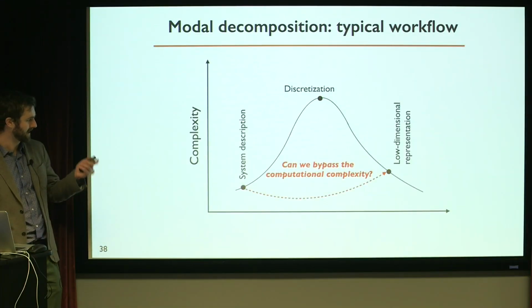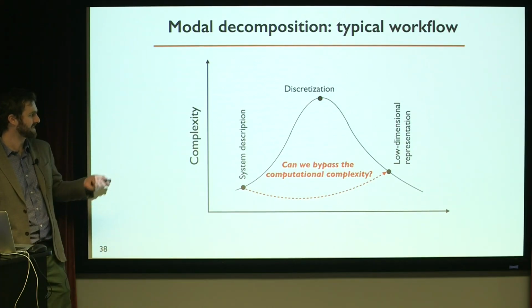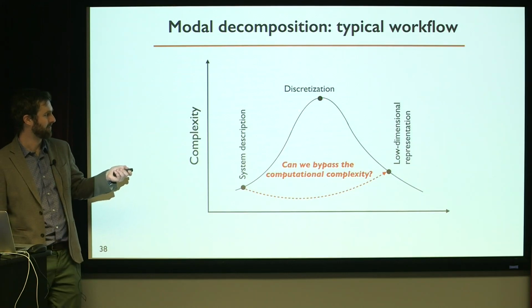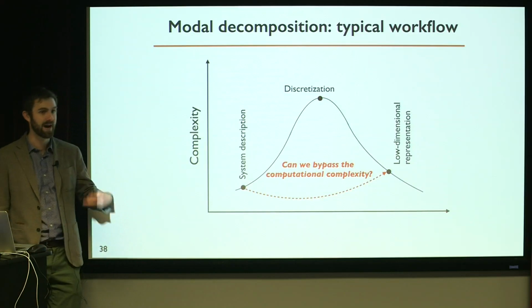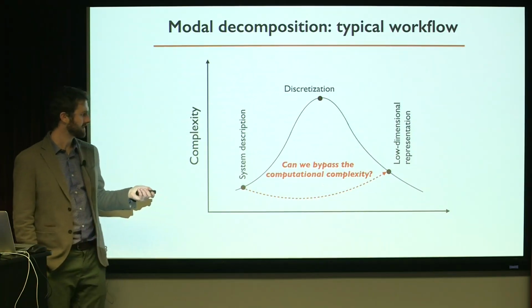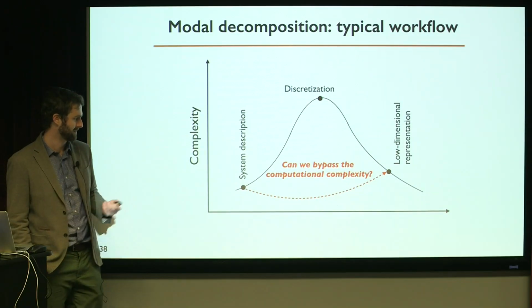Or in other words, if we look at typical workflow in terms of complexity, we have this rate limiting hump that limits how much analysis we can do, or how many parameters we can vary. So we're going to ask the question, can we bypass this computational complexity?